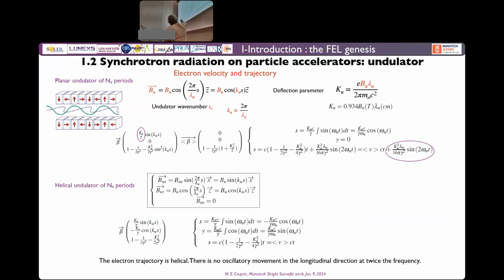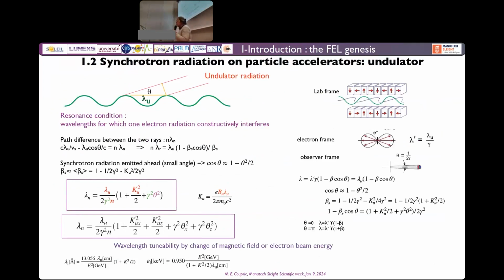We can also have helical undulators, where we have a vertical and horizontal field created together with a dephasing between them. And if we are in the circular case, then you see that for the velocity, we no longer have this oscillating term for the longitudinal position.